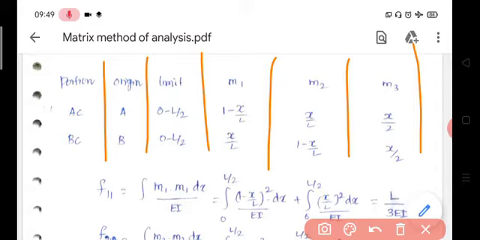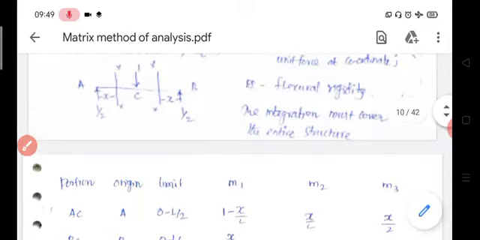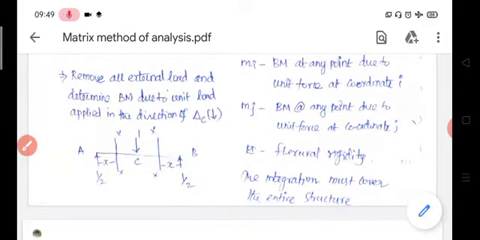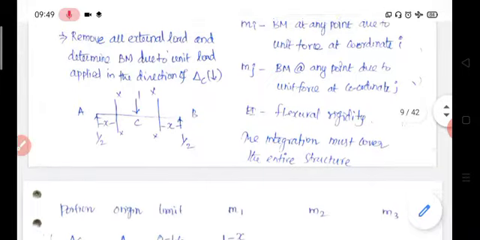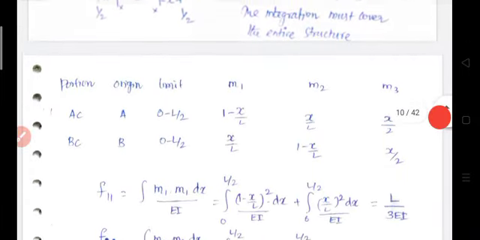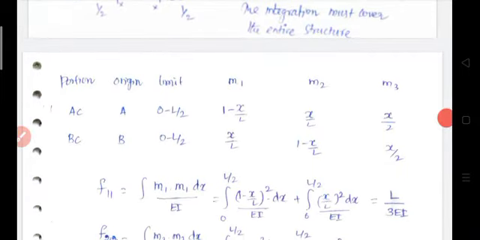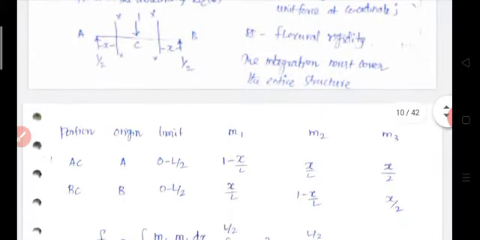Okay. So M1 means the bending moment at a point due to unit force or unit moment at coordinate 1. M2 means bending moment at any point due to unit force or unit moment at coordinate 2.